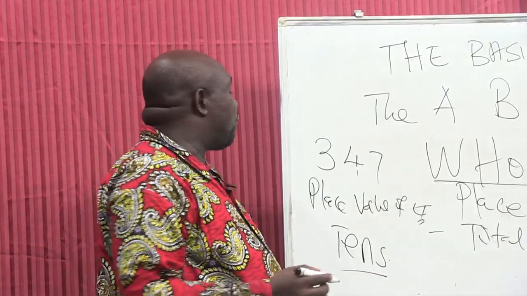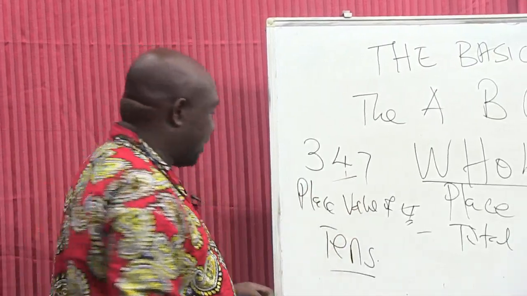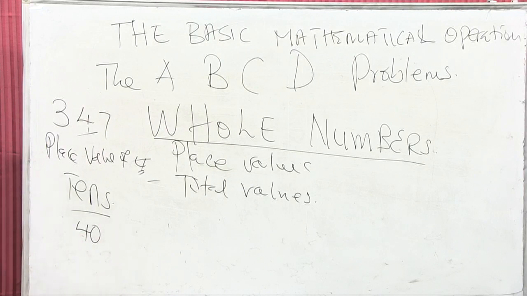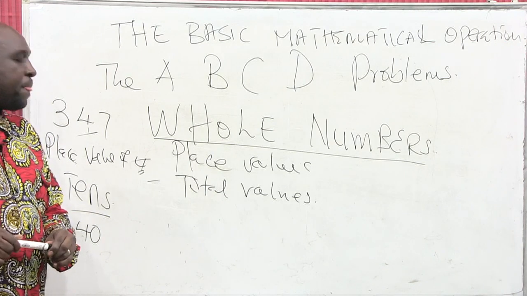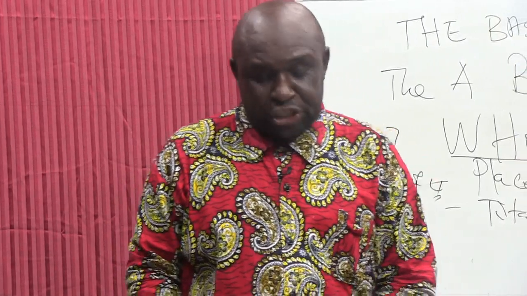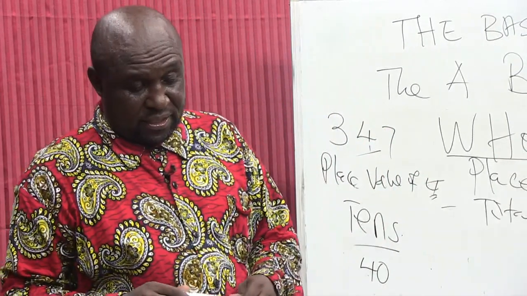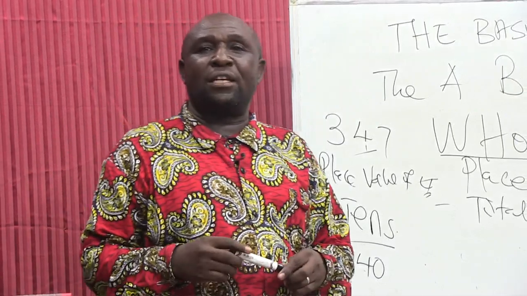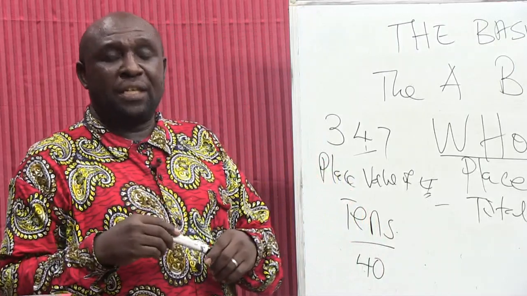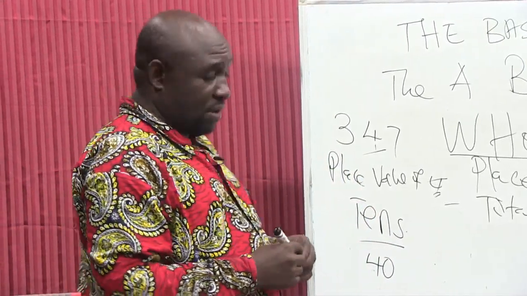But the total value of 4, we say it is 40. That makes the difference between the total value and the place value. Place value is talking about the position of each digit in a number, while the total value is the quality of that digit in that particular number.